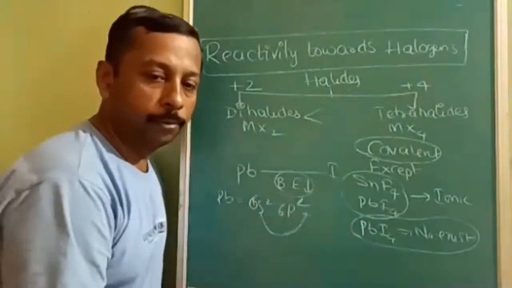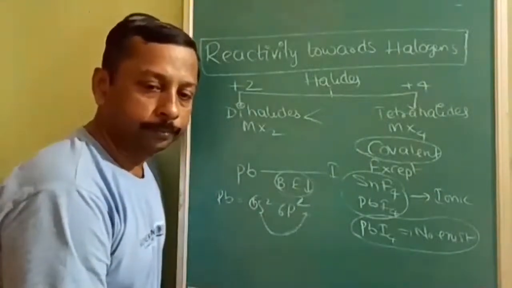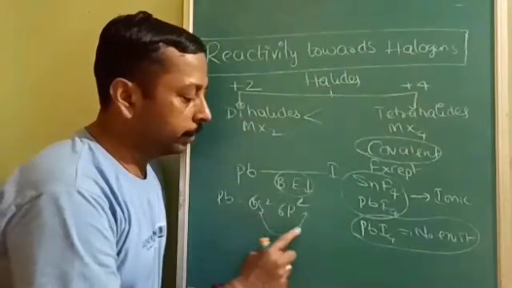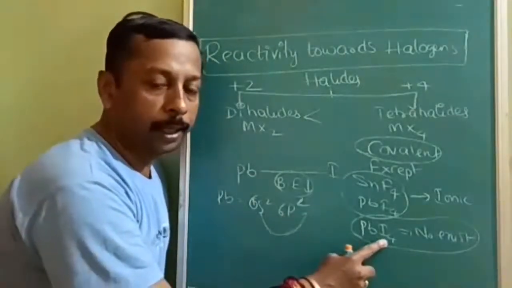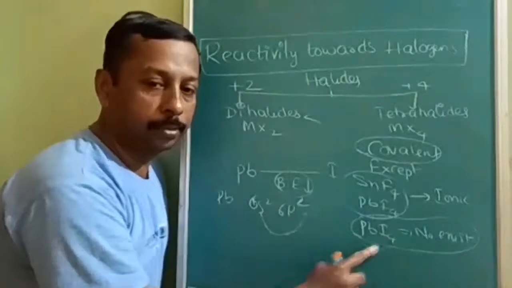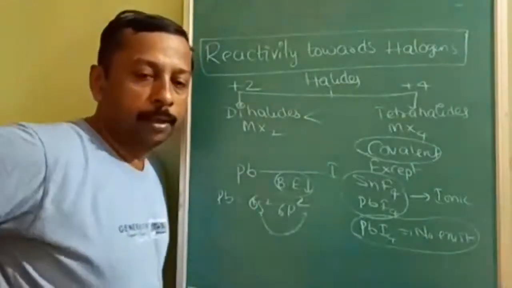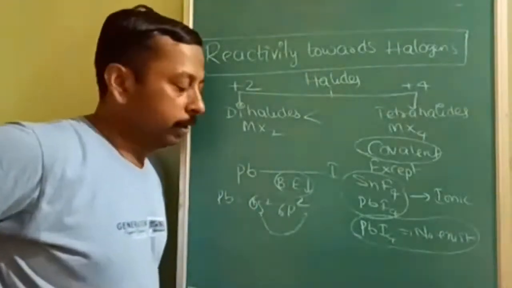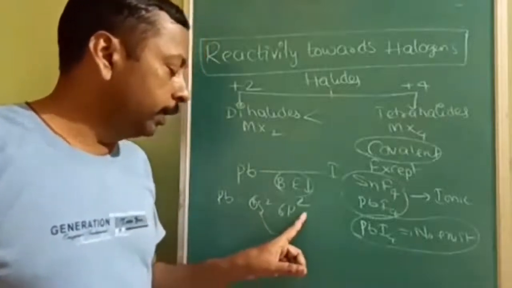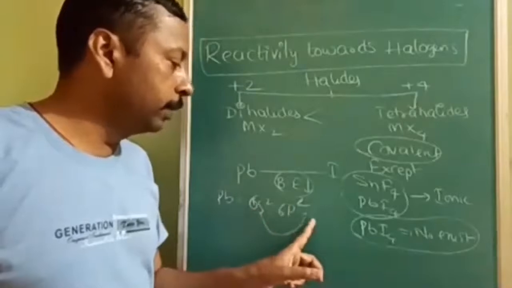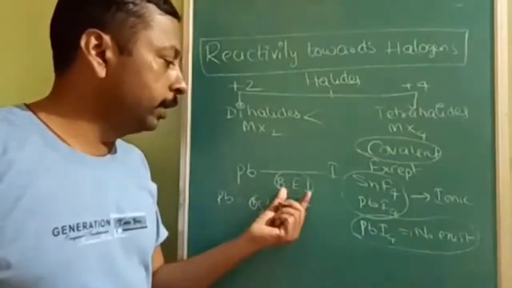Therefore, what happens once it cannot excite? So 4 iodine cannot be accommodated. Is it understood why Pb does not form tetrahalide? For formation of tetrahalide, this electron must be sent here. 4 unpaired electrons must be present, but bond energy is less. Why?